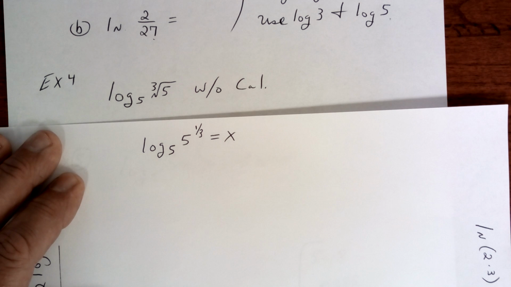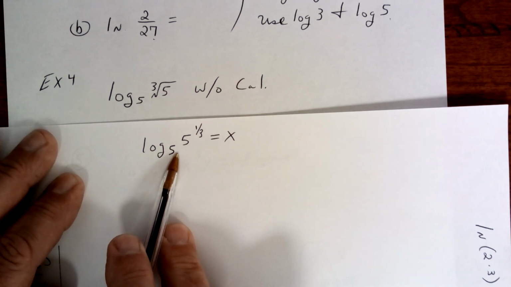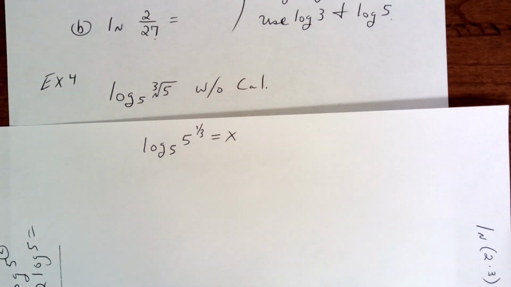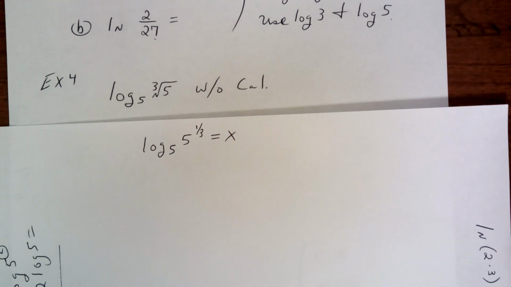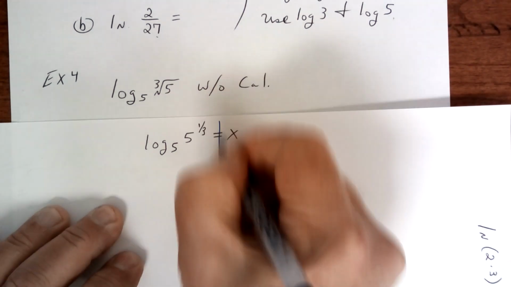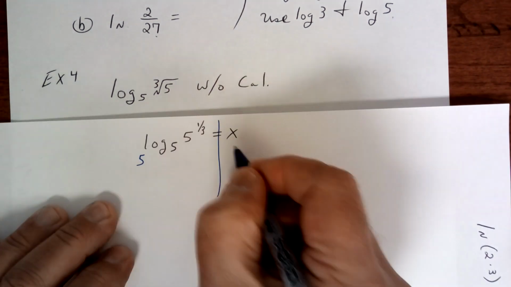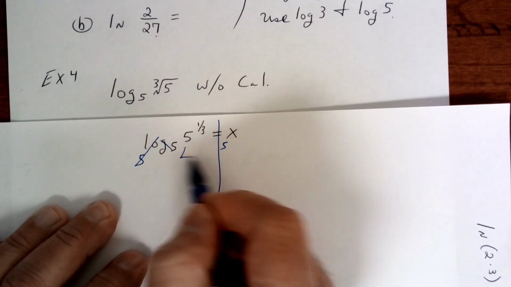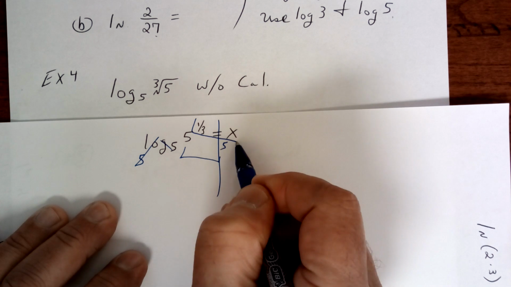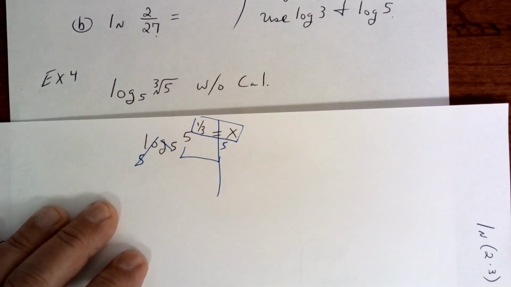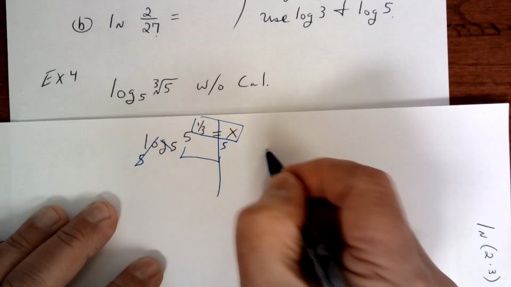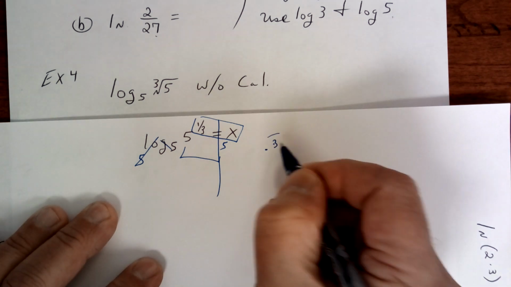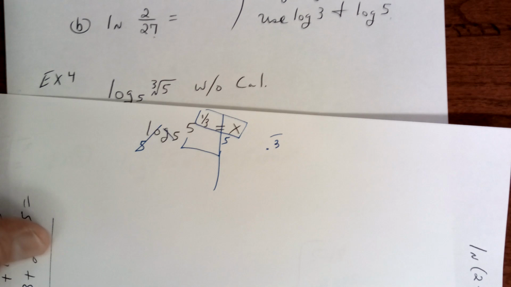Your base is 5, so I would exponentiate both sides. And when you exponentiate both sides, you're going to raise it like this, exponentially, and this cancels. So you have the same base, so x has to be 1/3, and that's how you do it without a calculator. You can try it with a calculator, and you should get 0.3 repeating, which is 1/3. Okay?